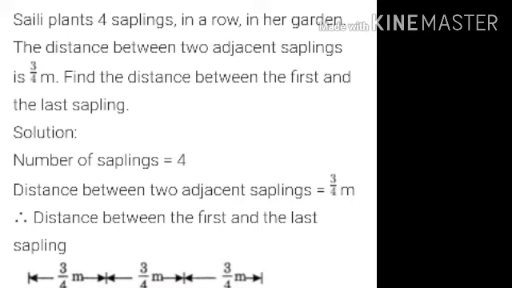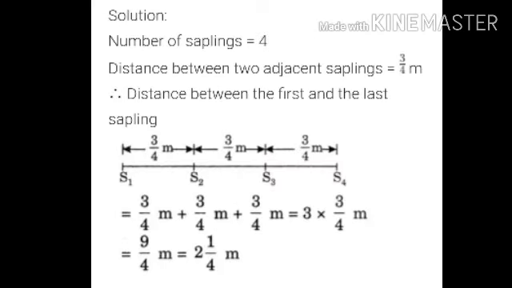Then write the solution. The number of saplings is 4, that is given in the question. The distance between two adjacent saplings is 3 by 4 meter. Look at the figure: S1, S2, S3 and S4, and the distance is marked 3 by 4 each.